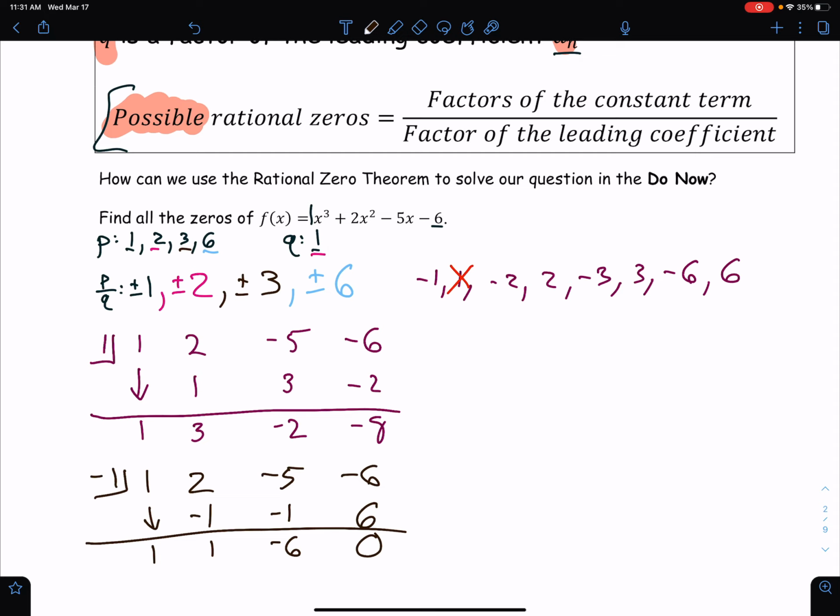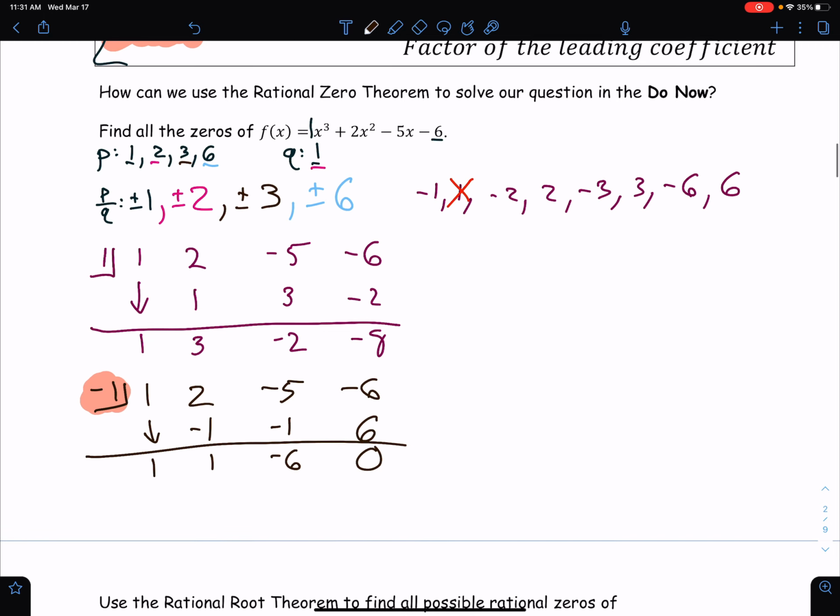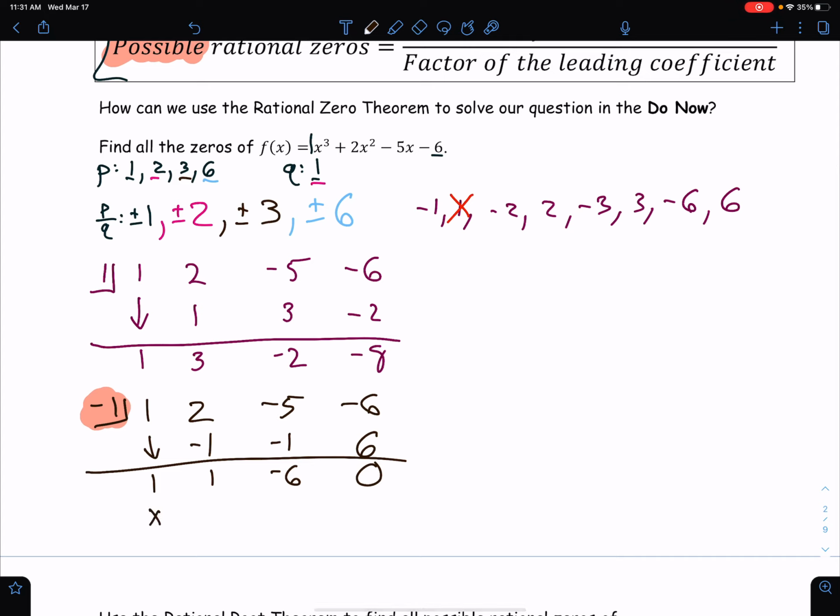So what does that tell us about negative 1? That tells us it's a zero. So we have one zero of negative 1. And now look at this. This will be x squared plus x minus 6. We have a quadratic now. So we can do what we have been doing and just solve this quadratic.